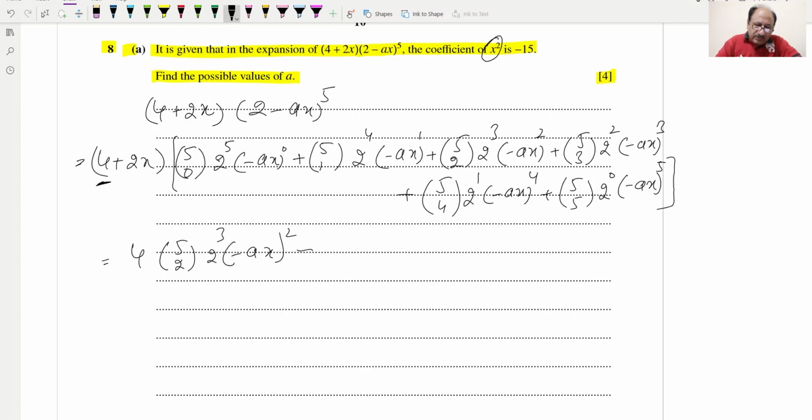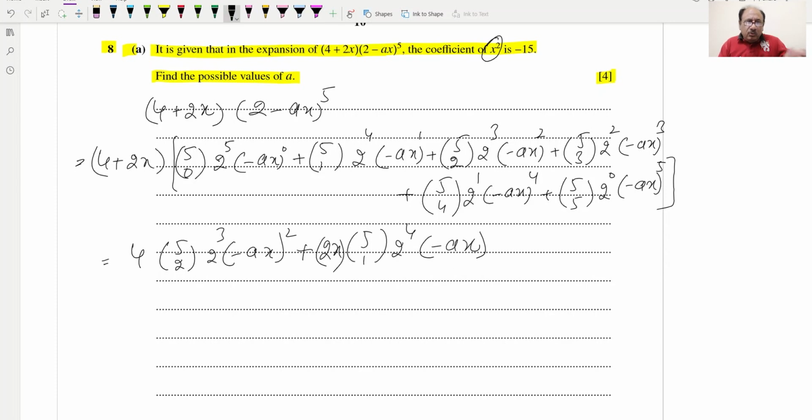And the second term, when 2x will be multiplied by the term containing x, and the term containing x is this one. So it will be 4 into 5c1, 2 raised to the power 4 and minus ax, no, not 4, it should be 2x basically. 2x will be multiplied by this and we will get x squared.